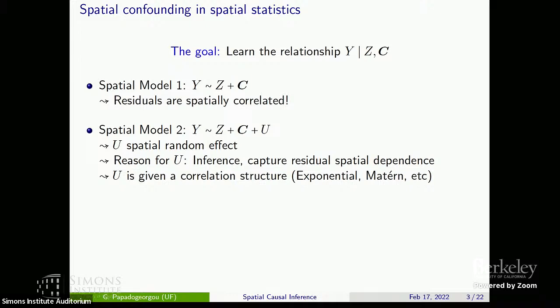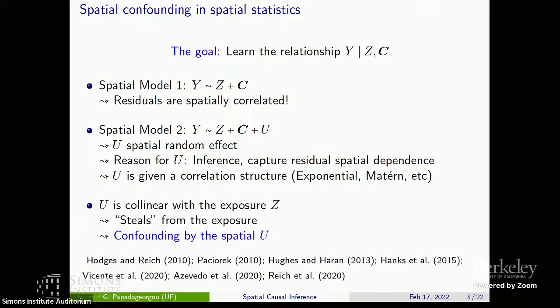But what happens in reality is that because this spatial random effect has a spatial structure and your exposure also has a spatial structure, these end up being collinear. So the coefficient of Z in a regression with a random effect and without a random effect does not have the same interpretation. This is what in spatial statistics they think of when they talk about spatial confounding.